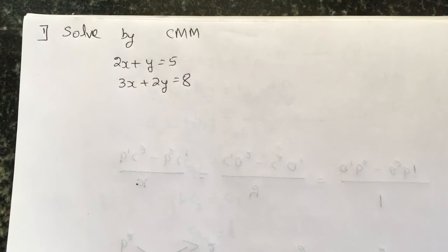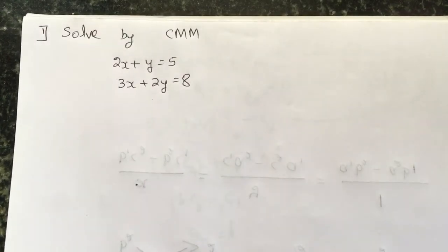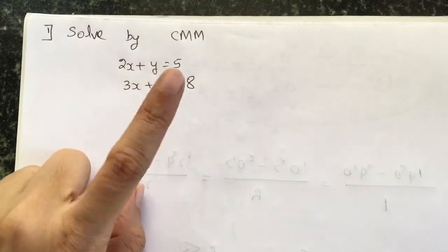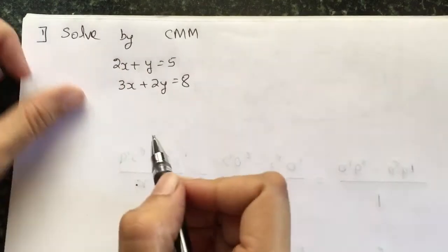So the first problem: solve by cross multiplication method. 2x plus y equal to 5, 3x plus 2y equal to 8.